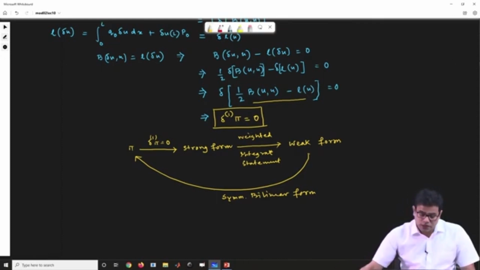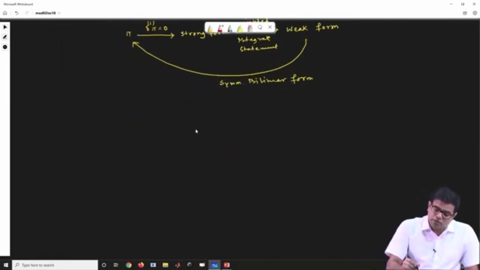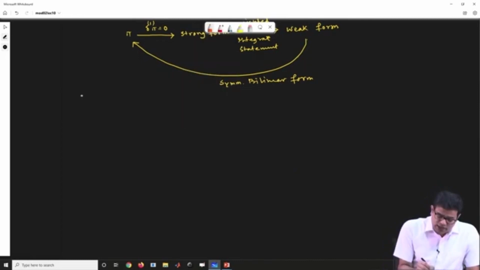So we constructed the weak form. For instance, let us also see what the weak form is for a beam. The beam problem we did earlier. So let us consider a simply supported beam, with a UDL, say Q0.